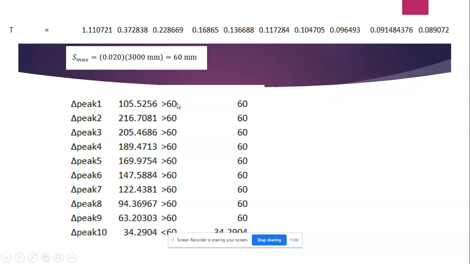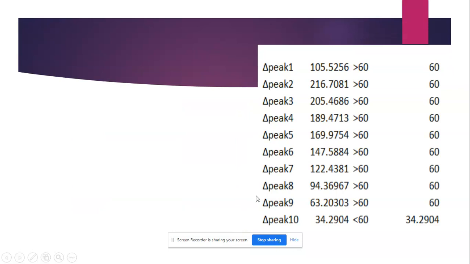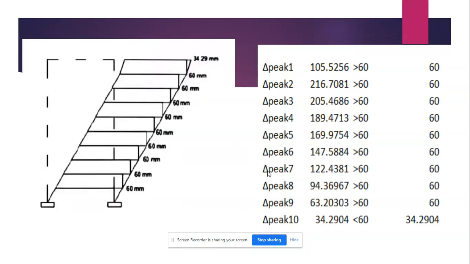Therefore, we will use 60 mm for the drift value of peak 1 to 9, and for the 10th, since it is less than 60, the drift value remains.